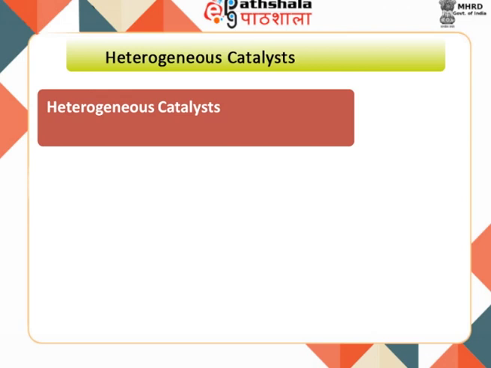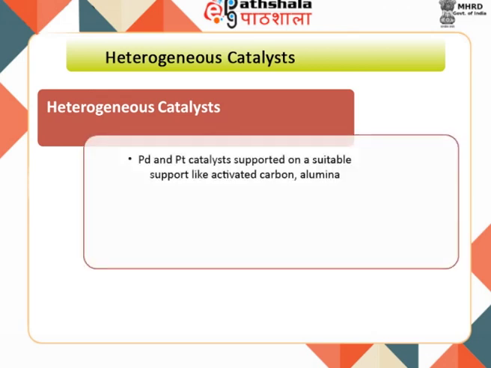The most extensively used are palladium and platinum catalysts, either in the finely divided form or more commonly supported on a suitable support such as activated carbon, alumina or barium sulfate.